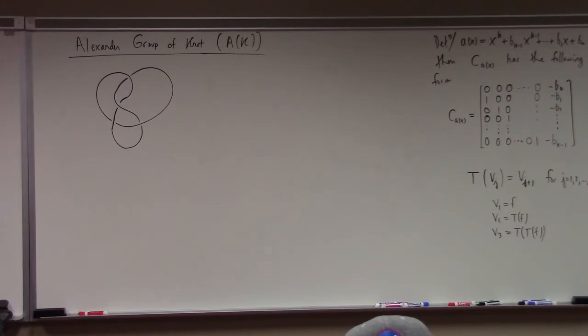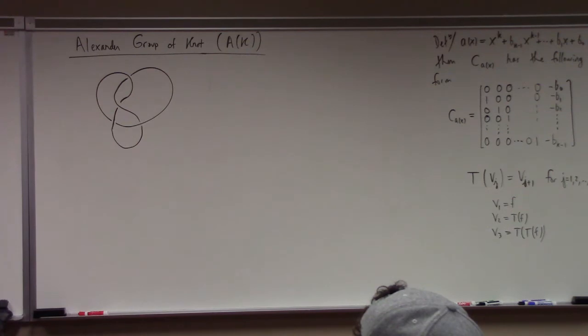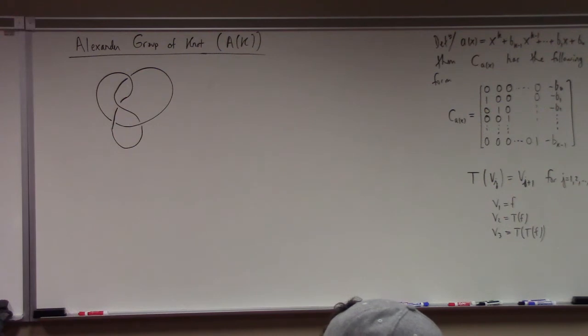If the Alexander groups of two knots are isomorphic, it doesn't prove that they're equivalent. It's sort of just a no-go kind of thing. There's not a one-to-one correspondence between isomorphism of Alexander groups and equivalence of knots. But anyway, the reason I'm bringing this up is it gives you a really neat example of finite abelian groups.